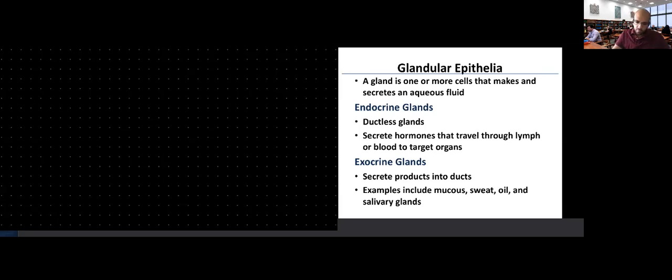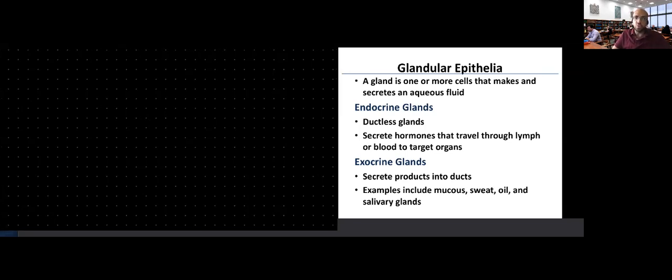All right, so a quick reminder of what we've discussed in our last session. We stated that we have 4 different types of tissues that are going to be forming all the body organs.